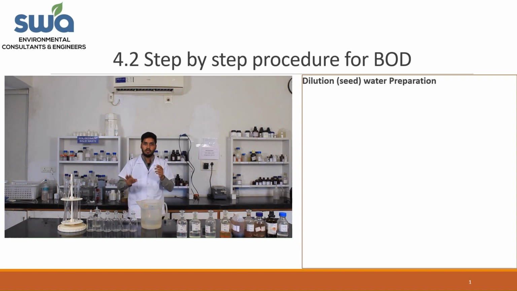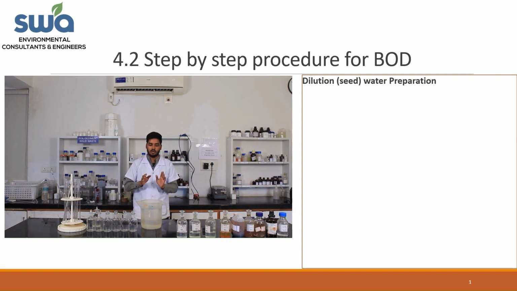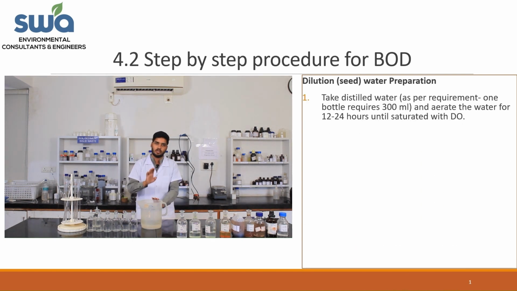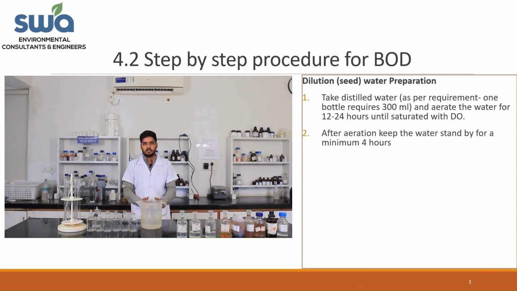Here I will be putting 2 bottles for blank, 2 for sample and 2 for standard BOD of known value, so I am taking 4 liter of seed water. Firstly, you have to aerate the distilled water. Take the required amount of distilled water and aerate with the aerators for a minimum of 12 hours. After aeration is completed, put this water on standby for 4 hours.